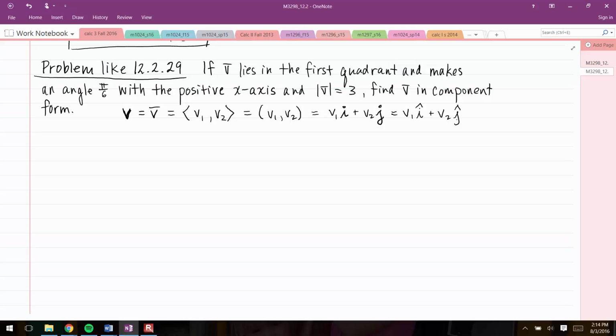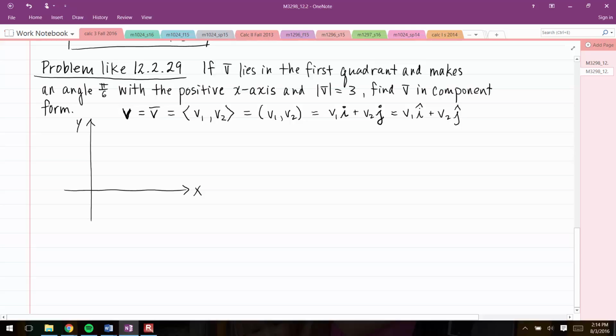You might look at this initially and say, I have no idea how to do that. Or maybe you know how to do it, which is awesome, but it helps to make a picture here. So we have this vector we're trying to write in component form, and it's in the first quadrant, so I'm drawing the first quadrant here.